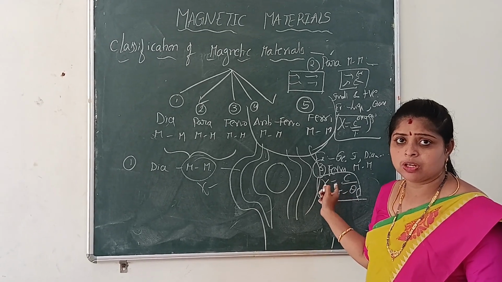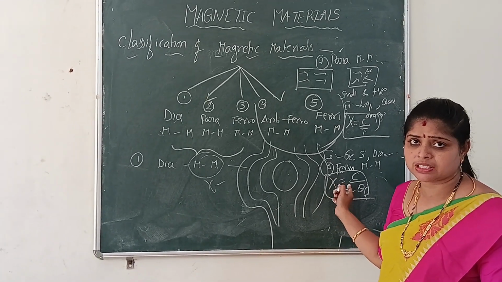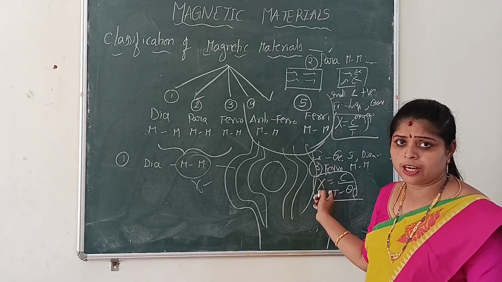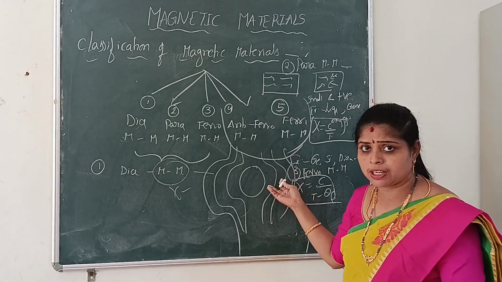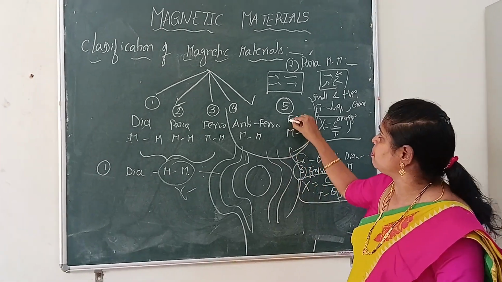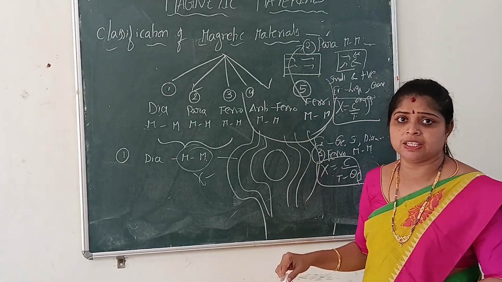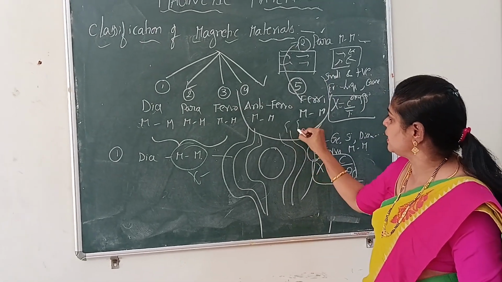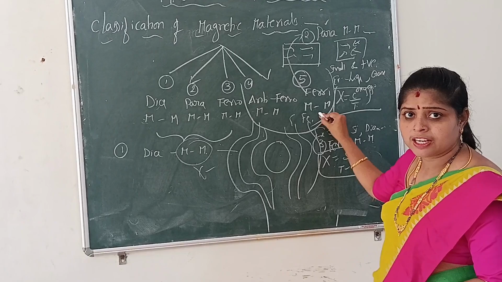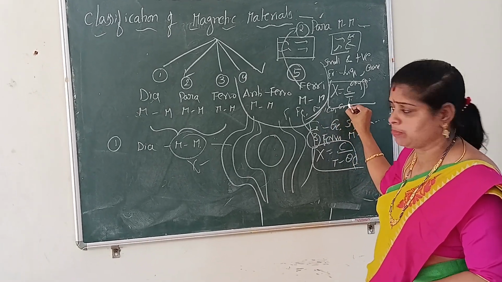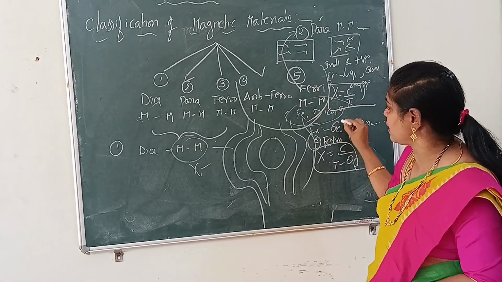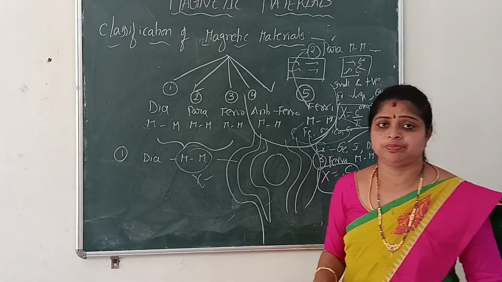Below this particular temperature the materials are ferromagnetic. Above the ferromagnetic Curie temperature, the material becomes paramagnetic. Examples: iron, nickel, cobalt, gadolinium.